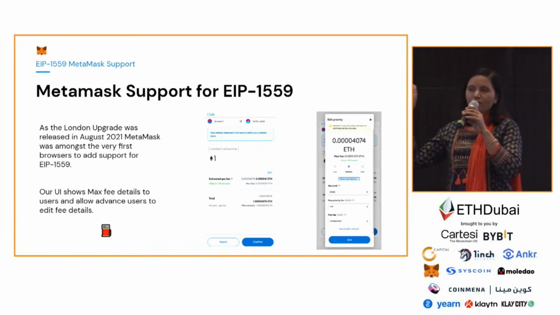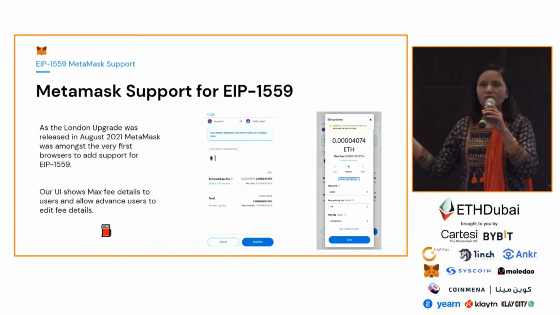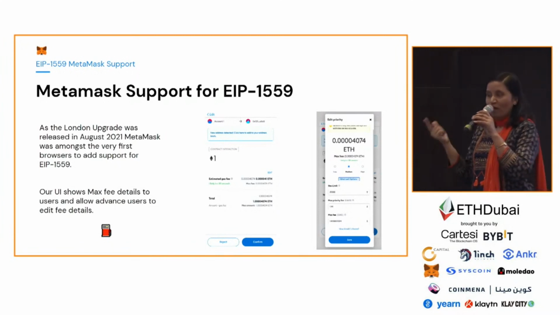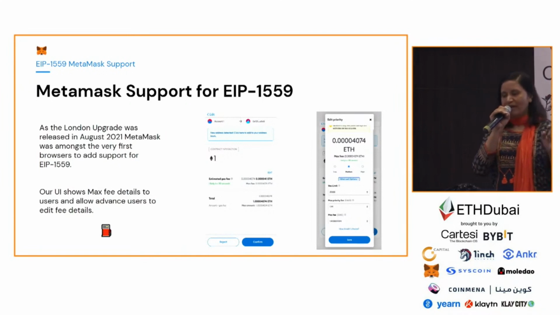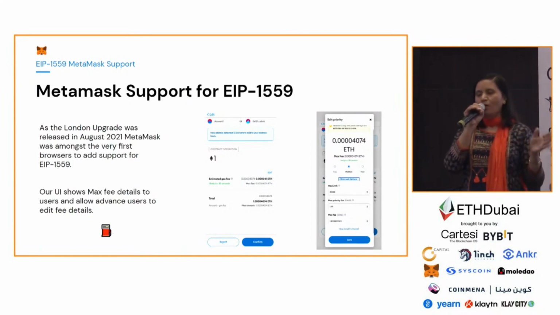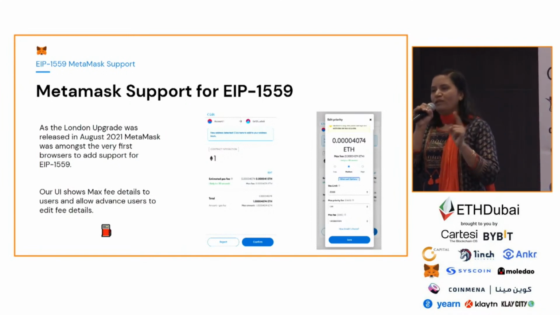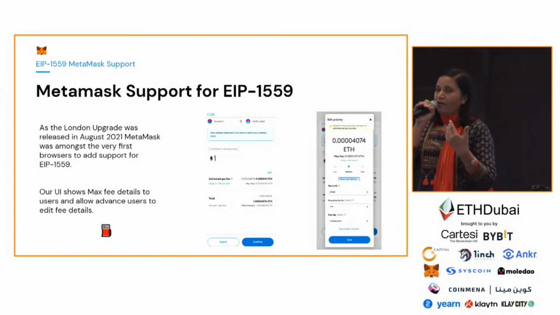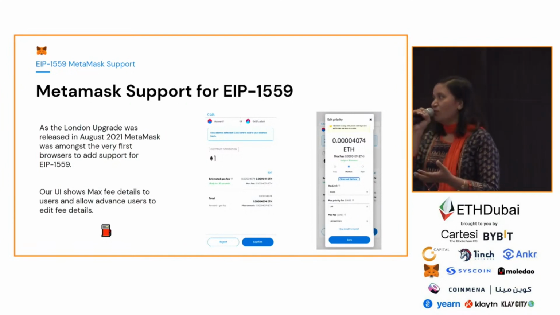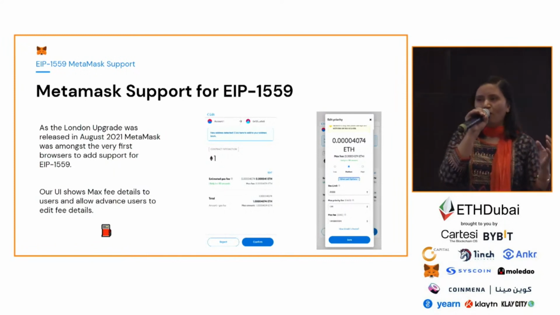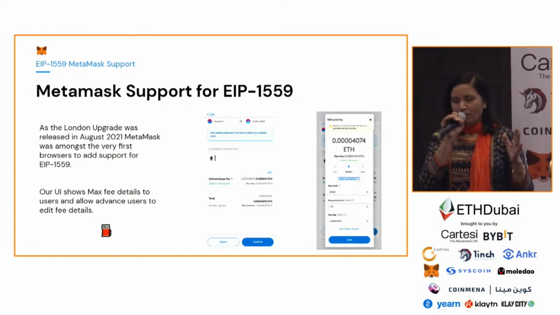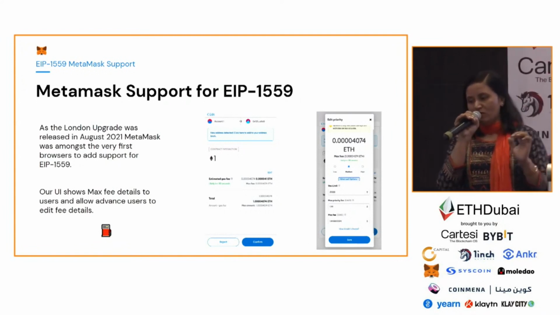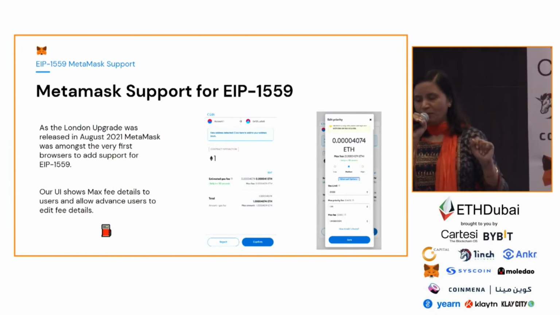It will use the default gas estimate suggested by MetaMask. Or if you are an advanced user, you can click on the edit link. It will open the advanced gas fee model, where you can select one of our predefined estimates, low, medium, and high. Or if you are an even more advanced user, you can provide your custom estimates for max fee, priority fee, and gas limit. So by default, MetaMask will suggest you the medium estimates.